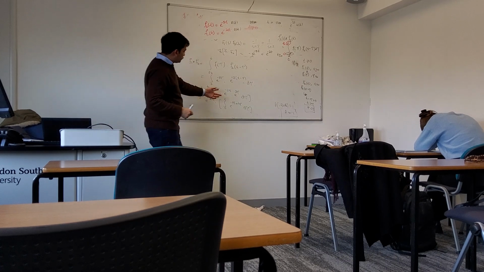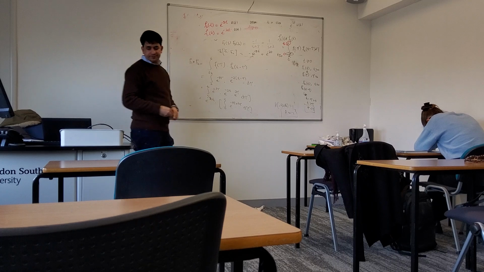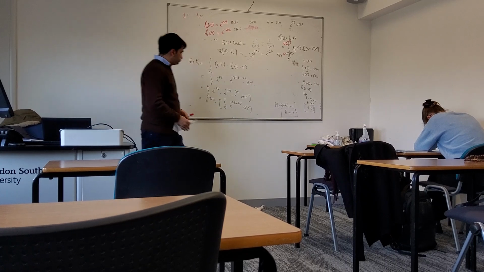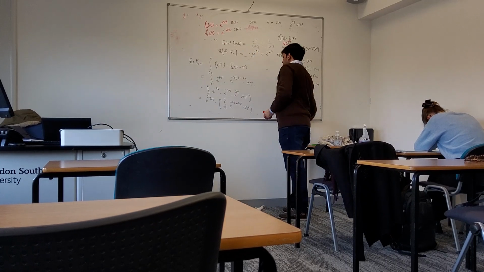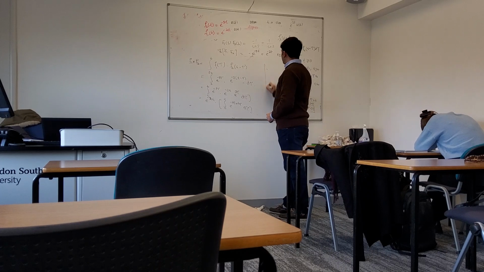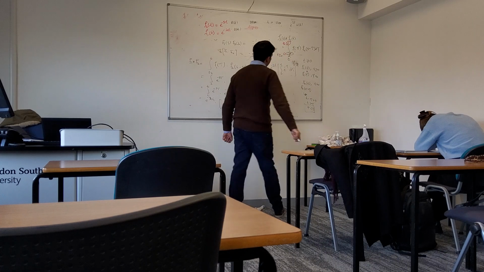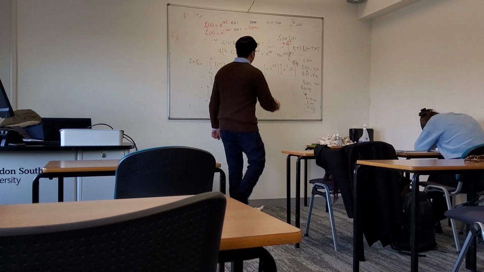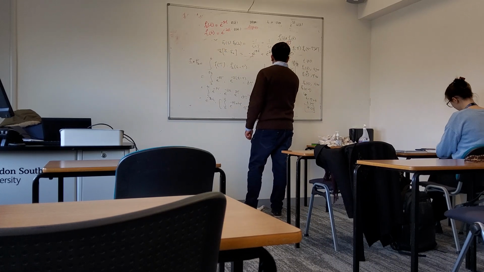And since the integral was only on tau, I took the t part outside. So it would be e power minus 2t. So far good, right? And then finally we need to take the integral.